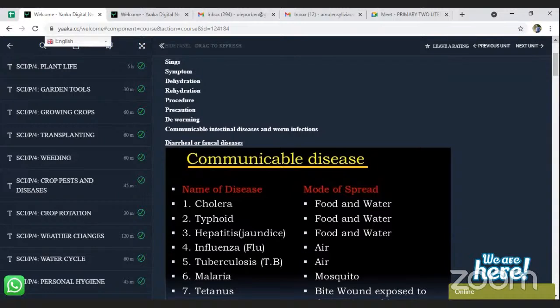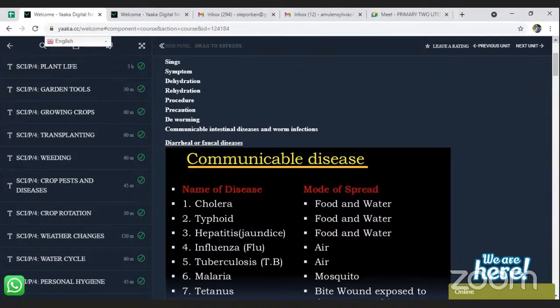Typhoid, food and water. Hepatitis in brackets, jaundice, food and water. Influenza in brackets, flu, air. Tuberculosis in brackets, TB, spread by air. Malaria, mosquito. Tetanus, bite wound exposed to dust and rusted items.